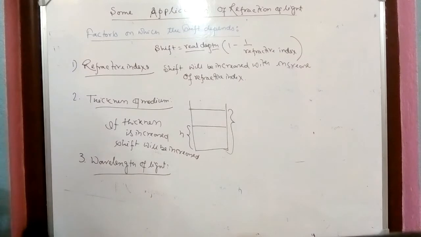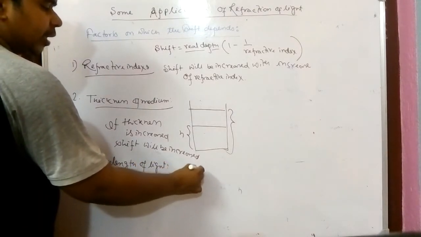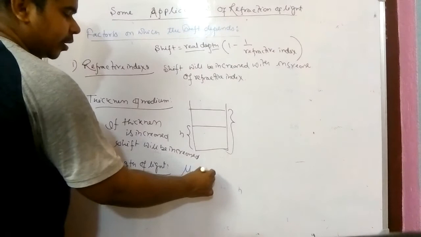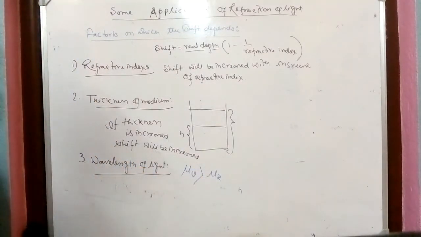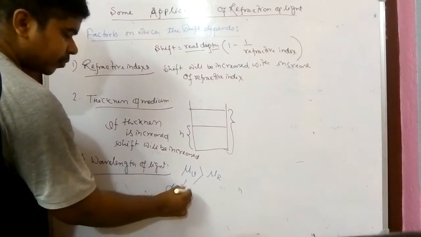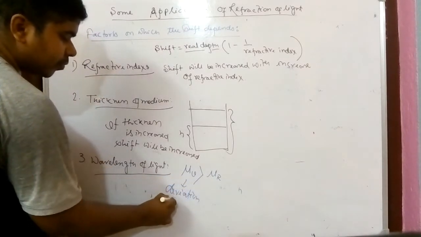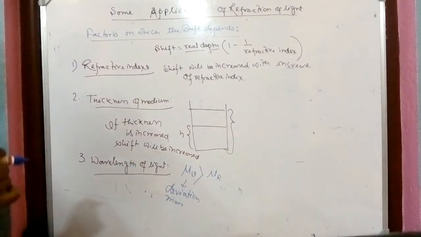In the previous class we have learned that the refractive index of violet color is greater than the refractive index for red color, because for violet color the deviation is more, and for red color the deviation will be less, so the refractive index will be less.